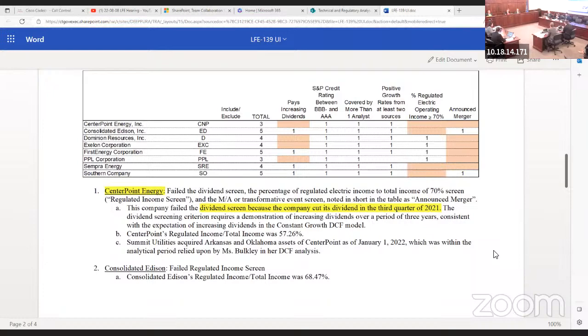For example, the Dominion one you say happened in 2021, and we're out here in 2023, but that's relevant to be excluded. Right. Yeah, that was the date of the announcement, so I'd have to see when they actually closed the transaction.